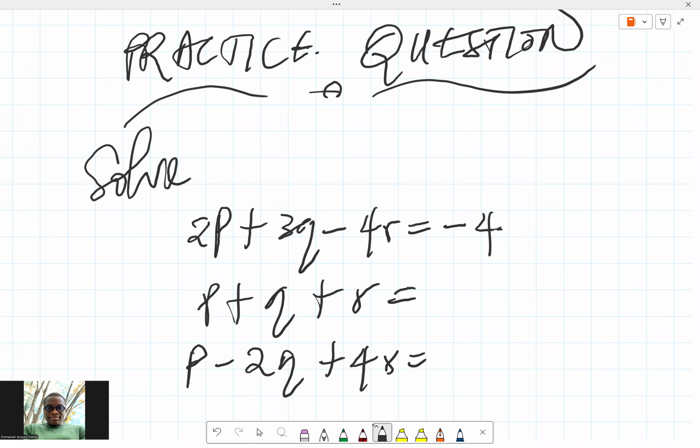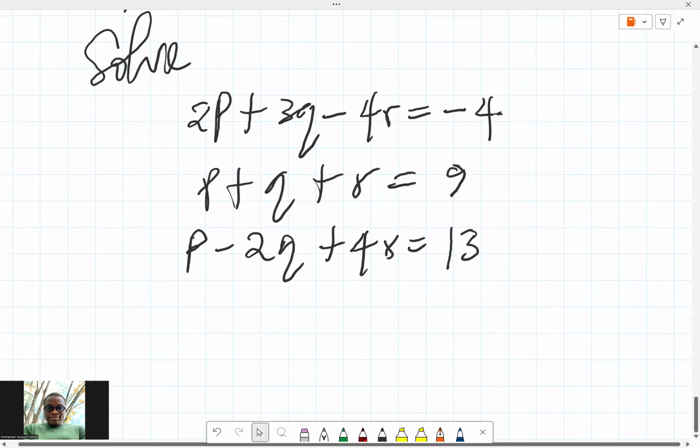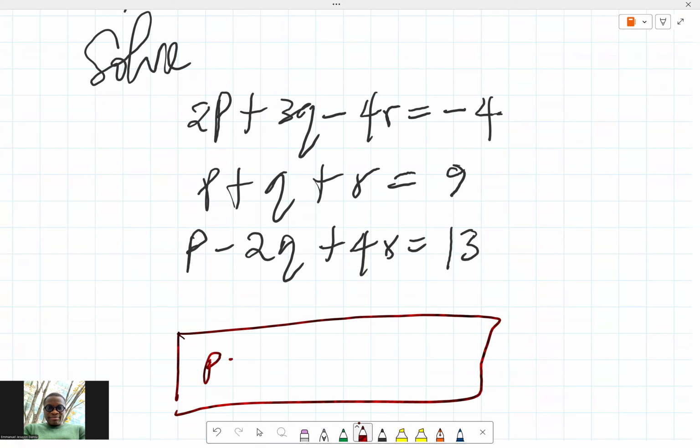Then this is 9. And the last one is 3 minus 6 plus 16, so this would be 13. So if you do that right, your solution should actually be that p is equal to 3, q is equal to 2, and r is equal to 4.